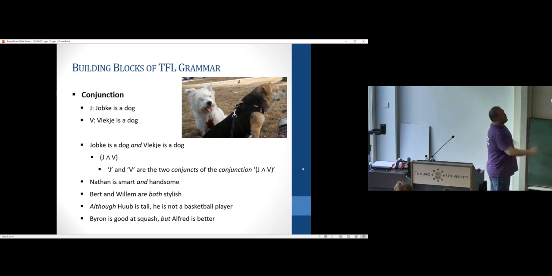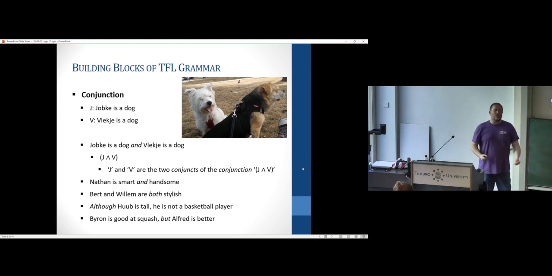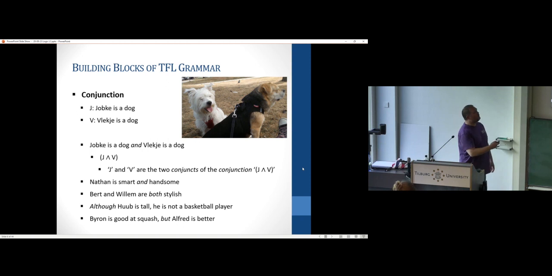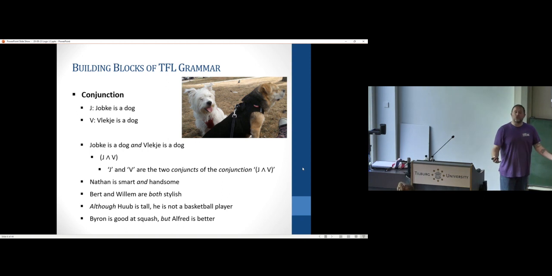Now, some terminology. This sentence is a conjunction, and the two parts are conjuncts. And this is very helpful terminology because we can start talking about the truth values of the conjuncts, determining the truth value of the conjunction. That is, what's true about the parts, and then what does that tell us about the whole?